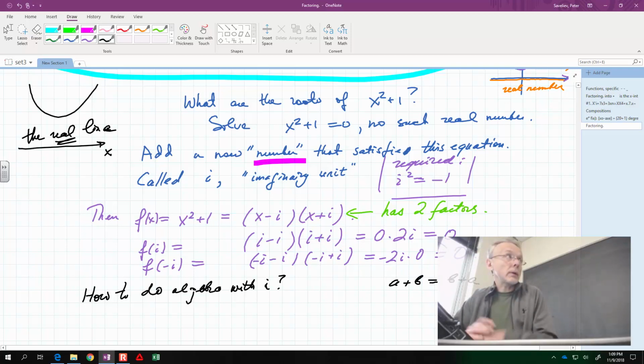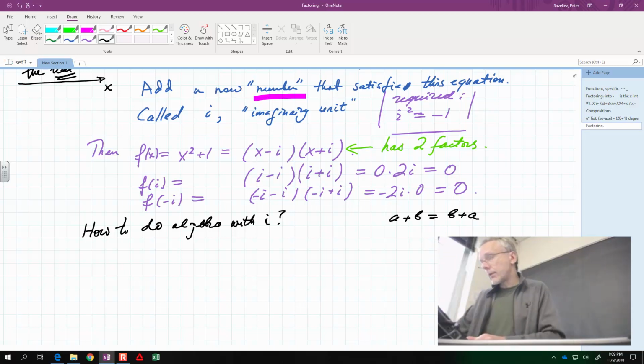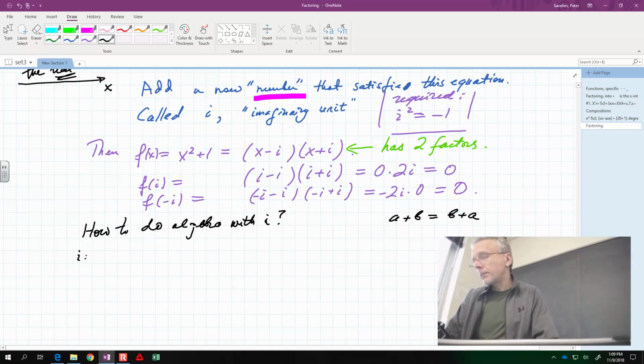There are a bunch of properties, and one of them from the top is this one: a plus b is equal to b plus a. That will be applicable to all numbers, including i. But the main properties are these. Let me characterize i in some way so that it allows us to do the algebra with these numbers.